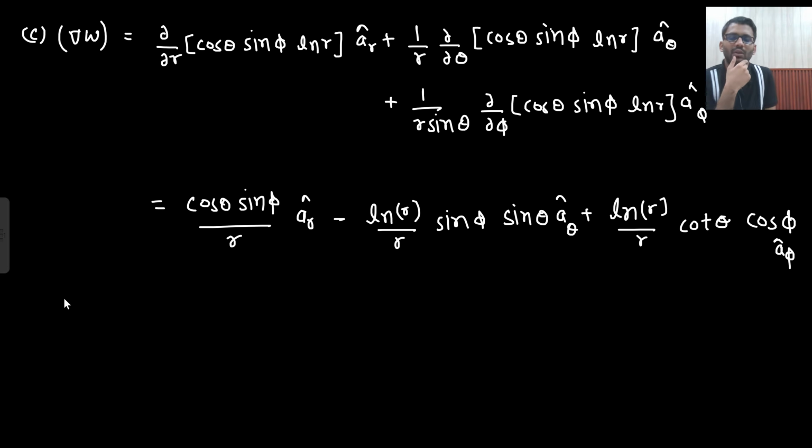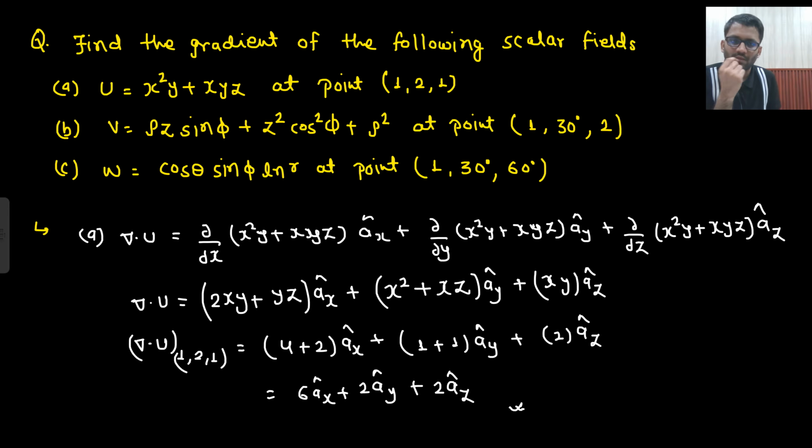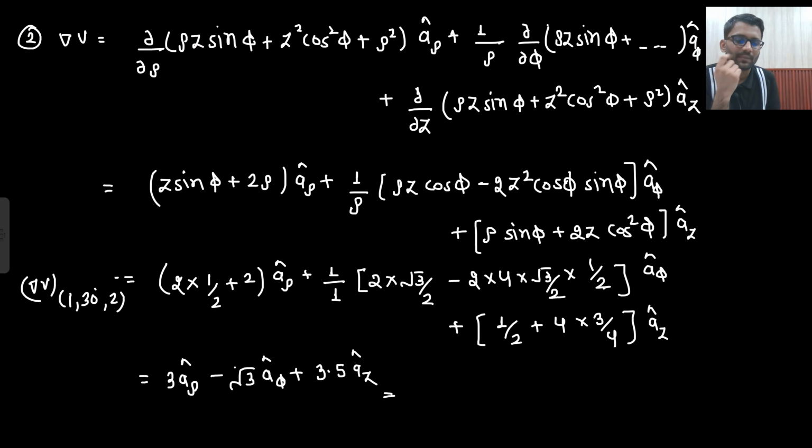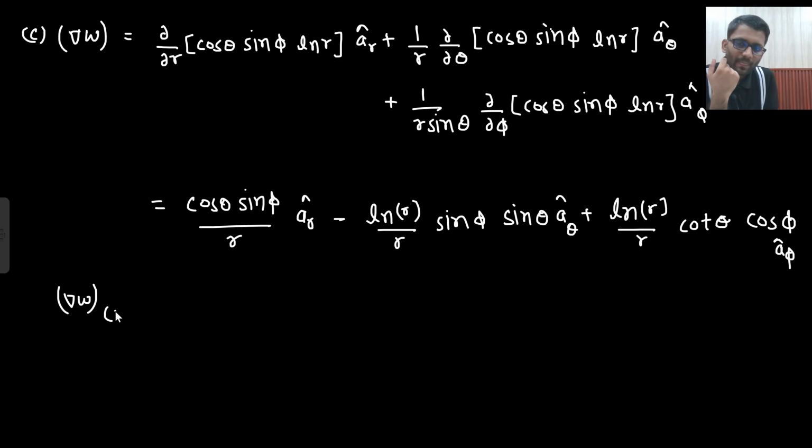At what point I need to calculate? 1 comma 30 degree comma 60 degree. Okay. So r value is 1. So ln 1 will be 0. So these terms will go to 0.